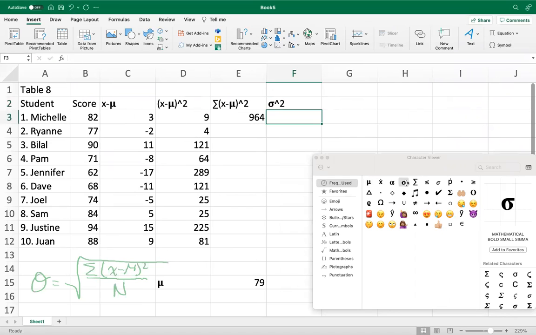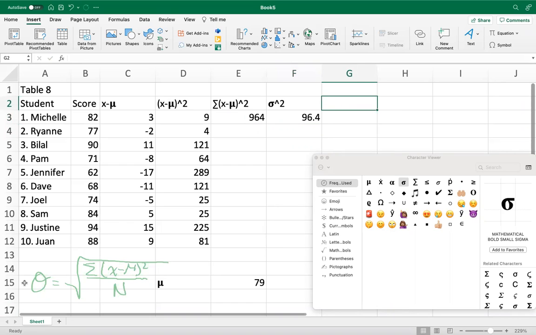There we go. And dividing this number by n, it's going to be this divided by n, which is 10. And lastly, we just take the square root of this value, and it's going to give us sigma. It's going to give us our standard deviation.